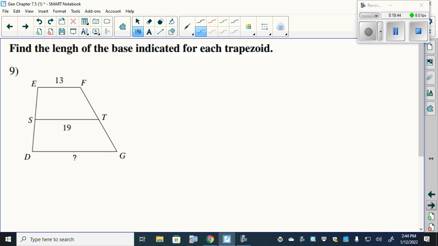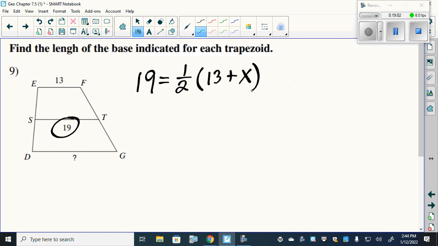Y'all find this one here? Now, they already told us the length of the mid-segment, yes? So the length of the mid-segment is equal to what? Half of the sum, which we can call x.